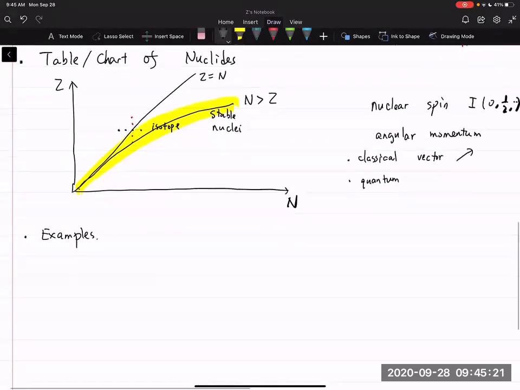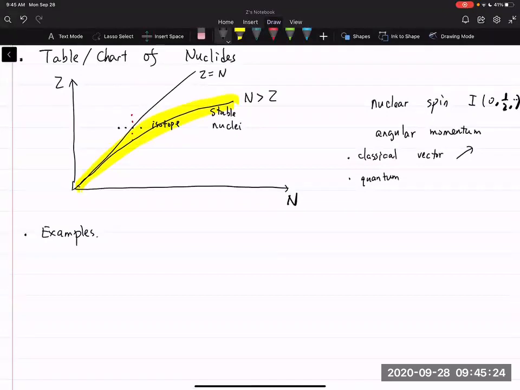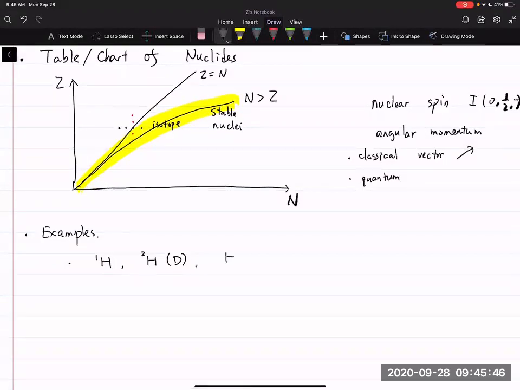We already mentioned one of them, hydrogen. Hydrogen-1, hydrogen-2, and since we use it so much, we use one symbol, D: deuteron, referring to the nucleus, or deuterium, referring to the atom, or H-3, tritium. Those are the hydrogen isotopes.